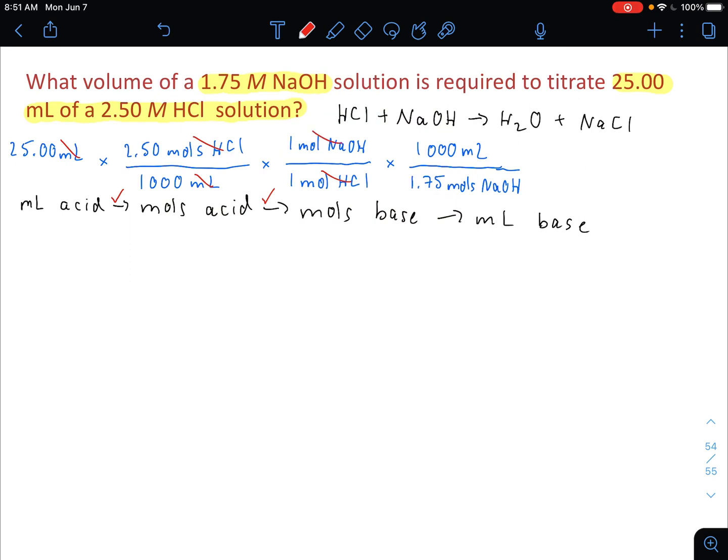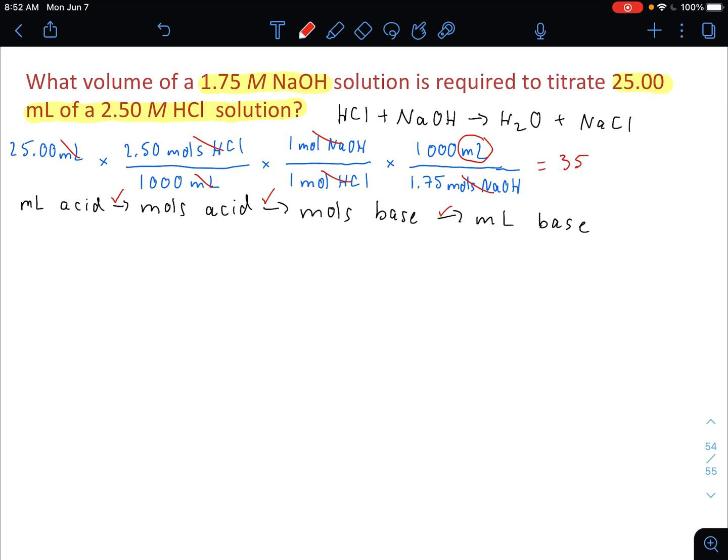So then the moles cancel, we're left with milliliters, that looks good, and that's our last step here. Okay, so 25 times 2.5 divided by 1,000, times 1 over 1, which doesn't do anything, times 1,000 divided by 1.75.